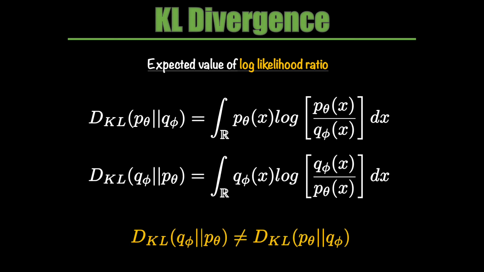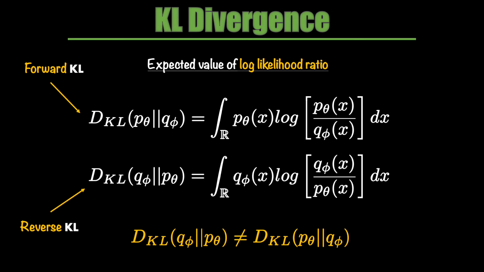There is also, by the way, a name for these two divergences, and it depends on which one is your reference and which one is your approximation. Generally, we use P for the reference distribution and Q for the approximation. So for that, the first one will be called the forward KL, and the other one will be called the reverse KL.